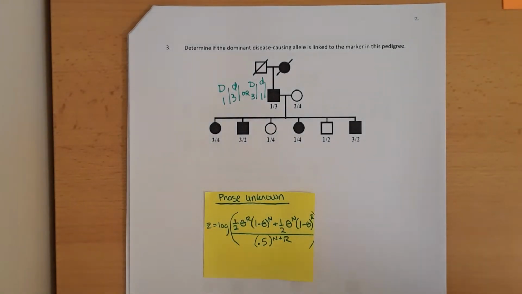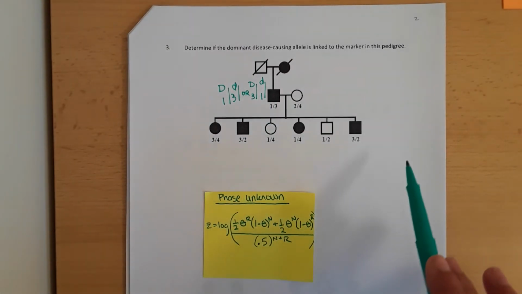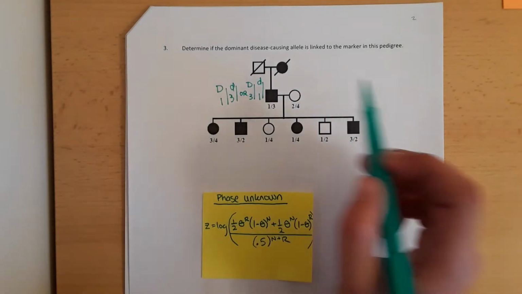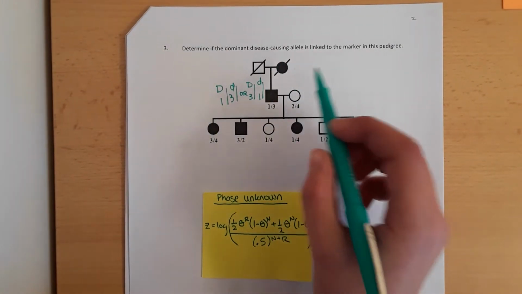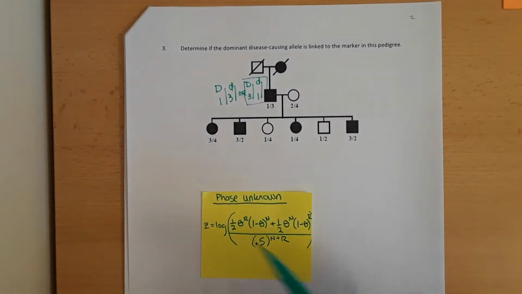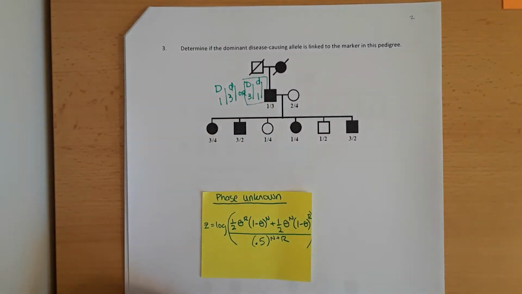So for this problem, you could just assume it's one or the other, solve for one, and then flip the values here when you plug into the equation. So here's what I mean. Let's solve for the disease gene being on this set. So if you have a 3, that means you're shaded in because you have the disorder.